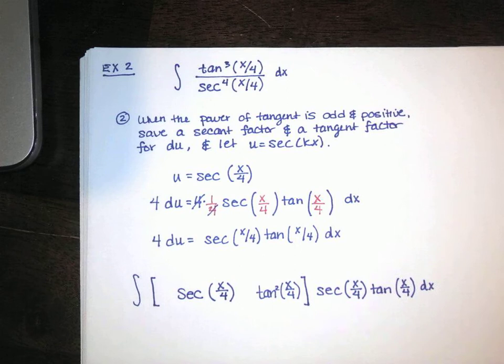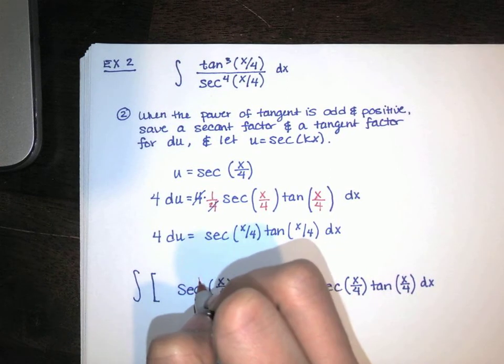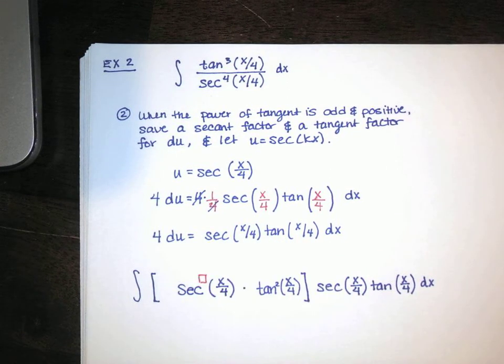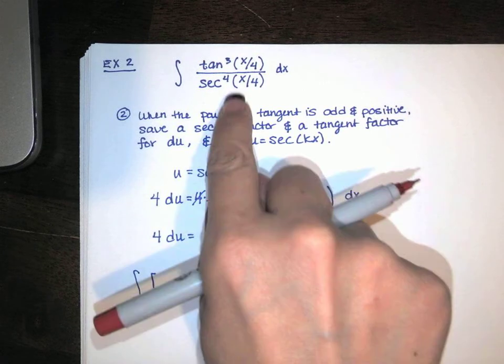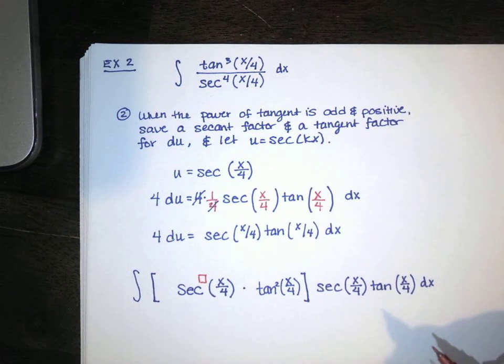And I need to raise it to some power, so that this power or secant to this power times secant to the first power is secant to the negative fourth power. Because remember, that's a secant to the negative fourth if it's a secant to the fourth in the denominator.